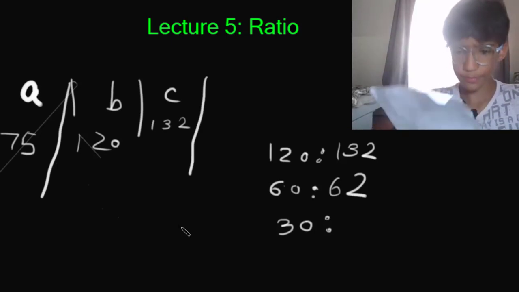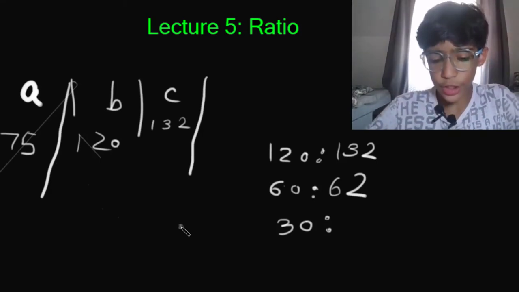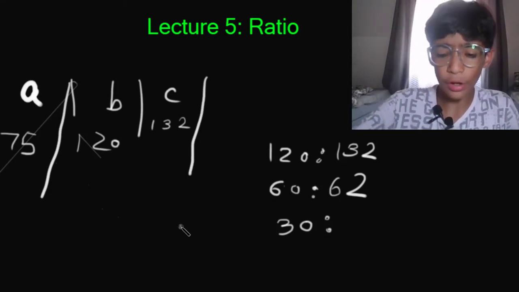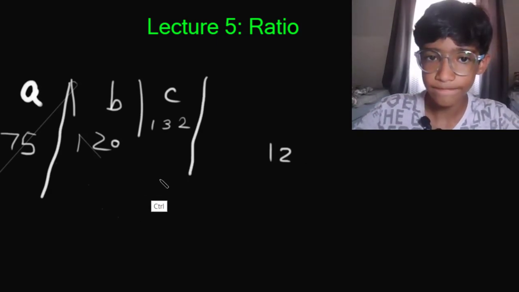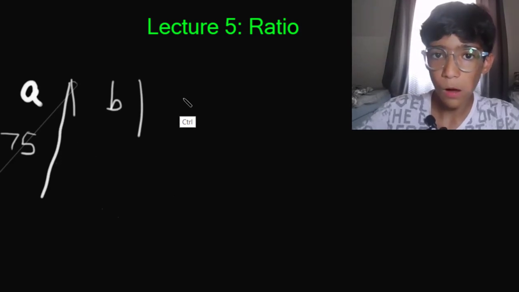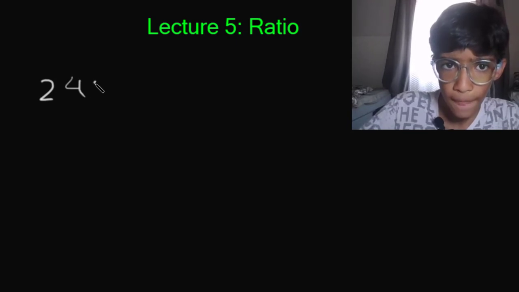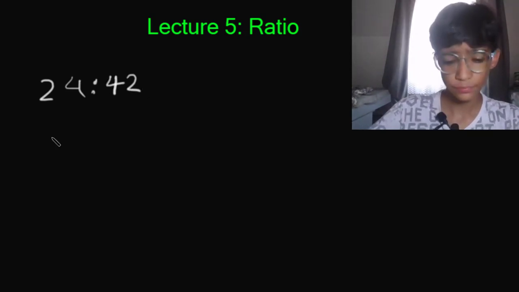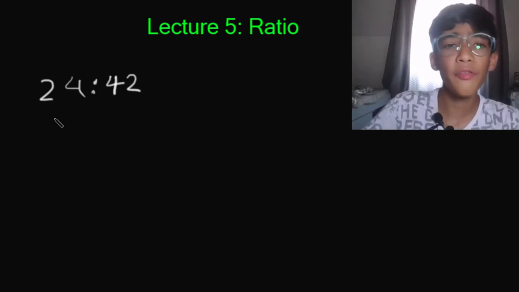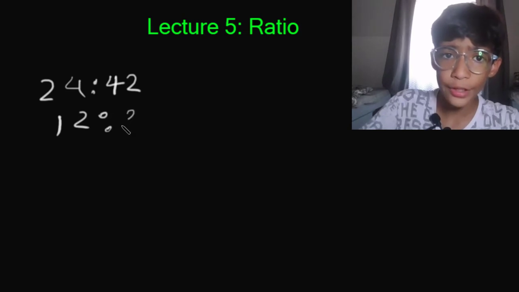The question is 24 ratio 42. So we are going to divide 24 by 2, that would be 12, ratio 21.